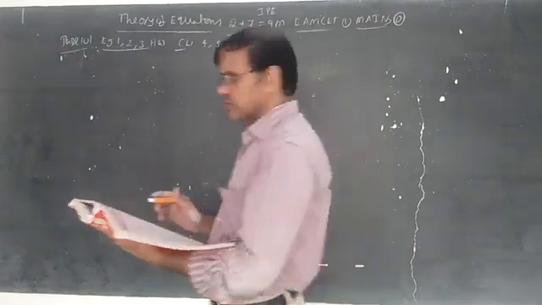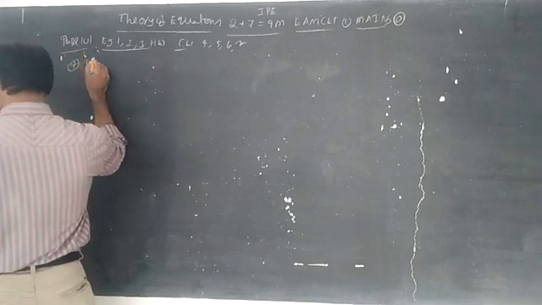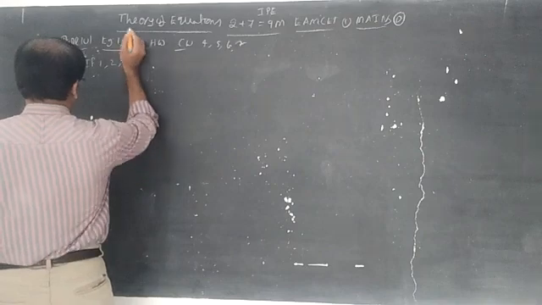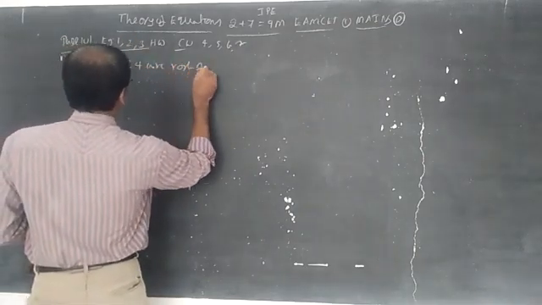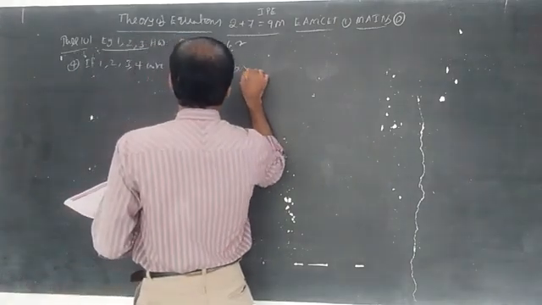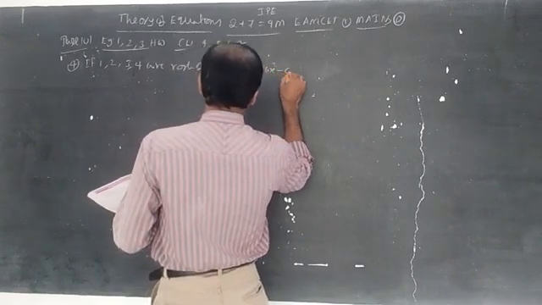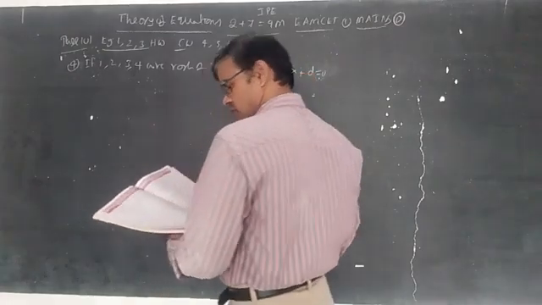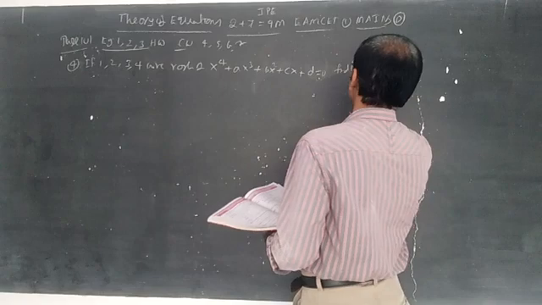Now, fourth question. If 1, 2, 3, 4 are roots of the biquadratic equation x power 4 plus a x cube plus b x square plus c x plus d equal to 0, then find the values of a, b, c and d.